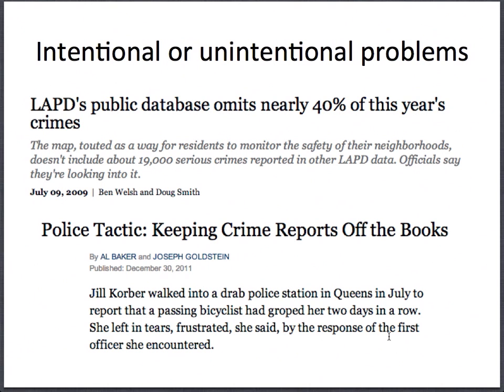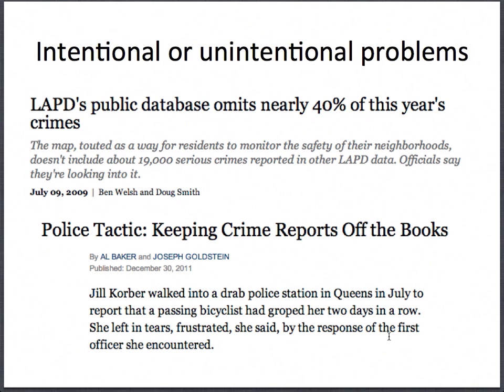They don't think this was intentional, the LA Times people. As it says, officials say they're looking into it. It seems to have been just technical sloppiness.